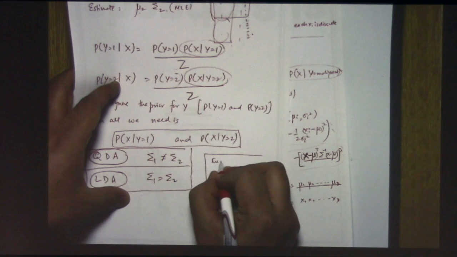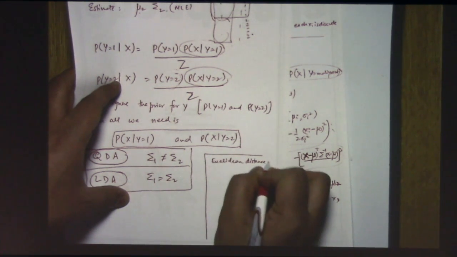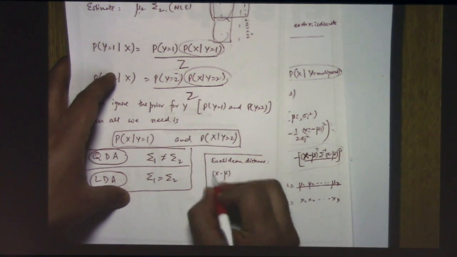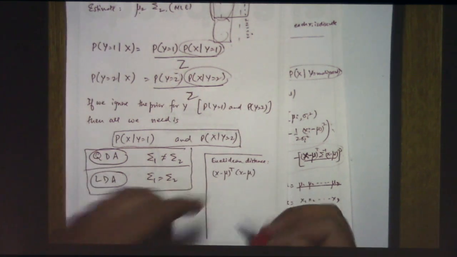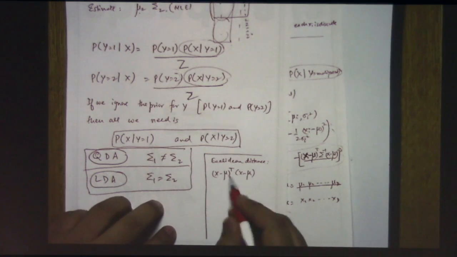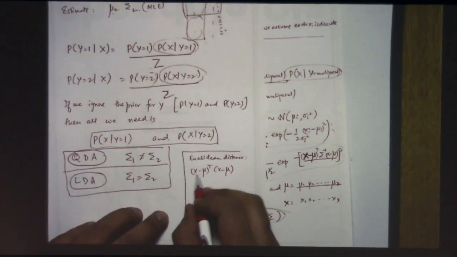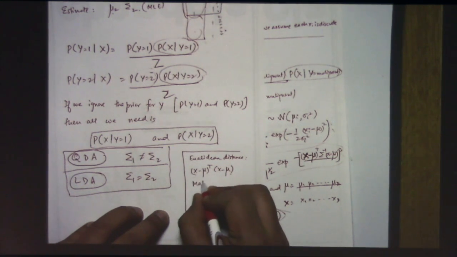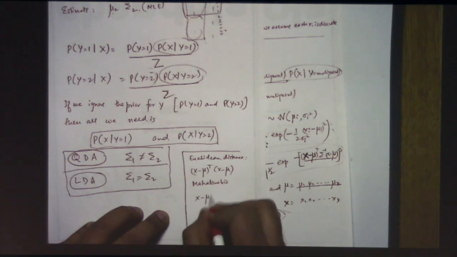Euclidean distance, I'm assuming all of you are familiar. In vector notation, we say the Euclidean distance between two data points is like this, which is x1 minus mu1 squared plus x2 minus mu2 squared. And a square root of this, but let's ignore the square root. So this is the Euclidean distance, but the Mahalanobis distance is written as this.